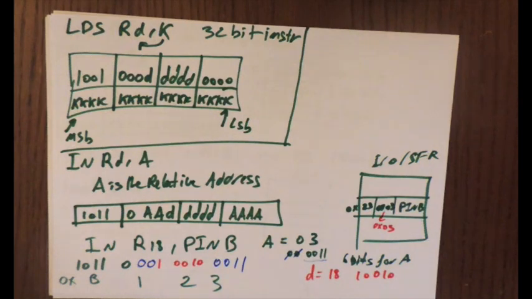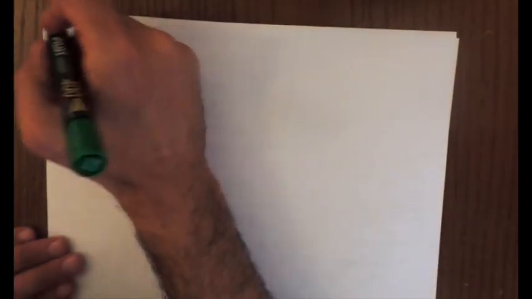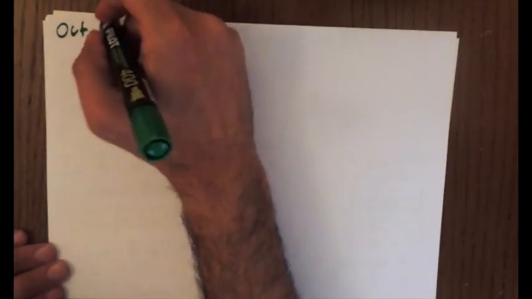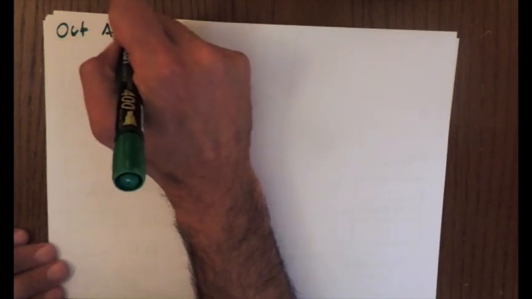Of course, OUT has similar operations. I'm just going to give the layout of OUT. I'm not going to do an example about OUT. It's going to take A and Rr.